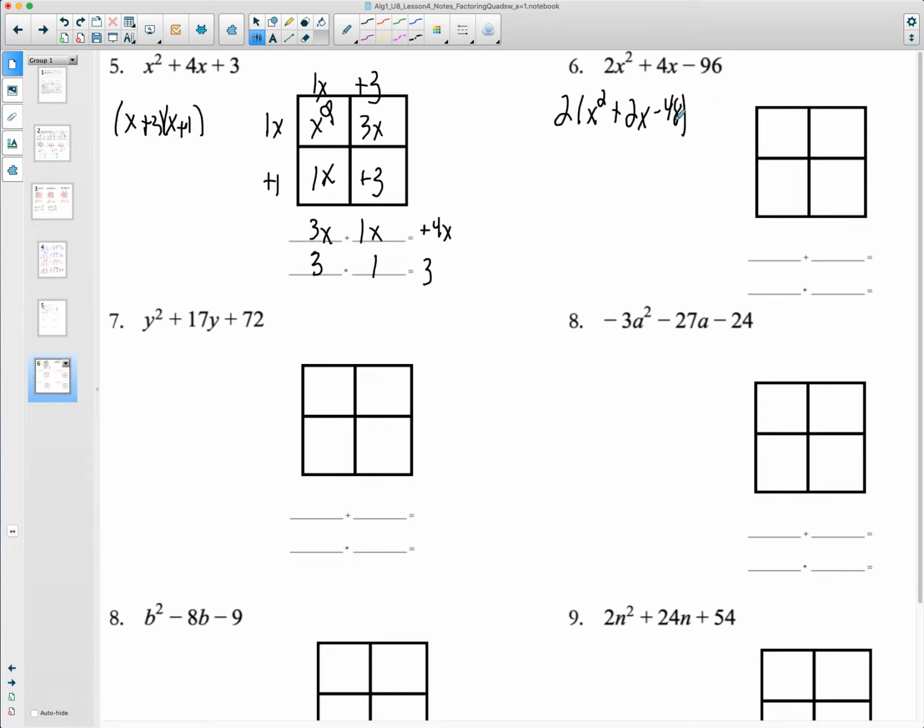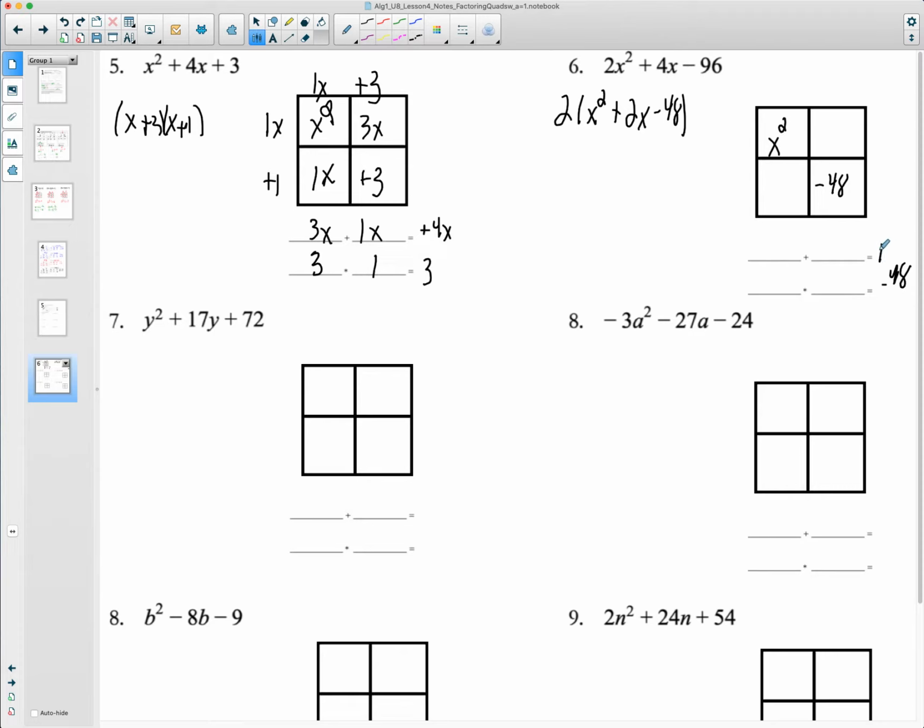All right, so now the x squared would go here. The minus 48 would be here. All right, and then a times c would be 1 times negative 48, so that would be negative 48 here. And then our b term here now is just going to be a positive 2x.